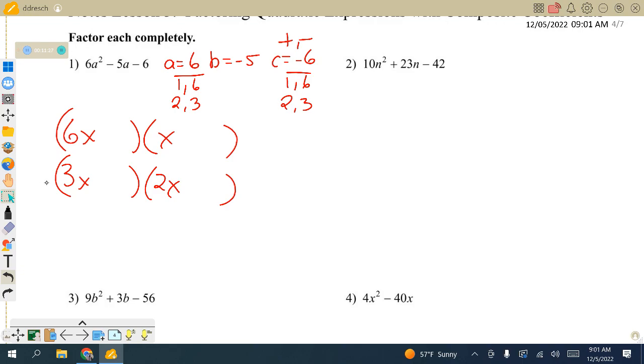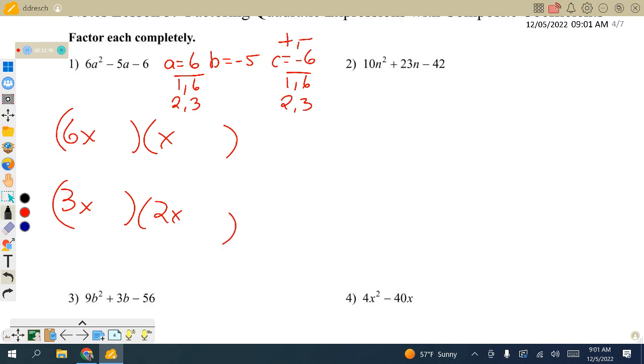So what we need now to figure out is, come on, erase. So from here, we want to go through and figure out what combination is going to work. Is it the 6x and 1x? Or is it the 3x and 2x? Again, what am I doing in my head?